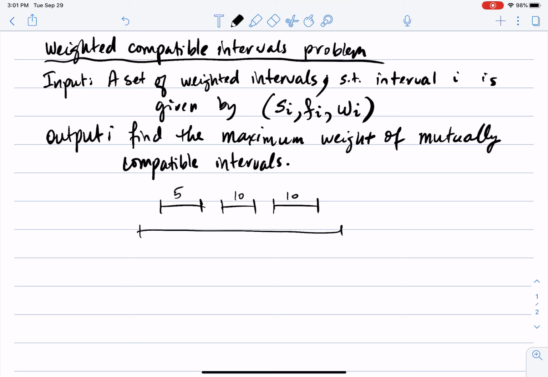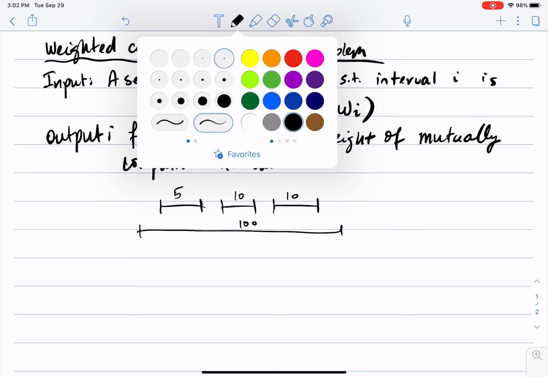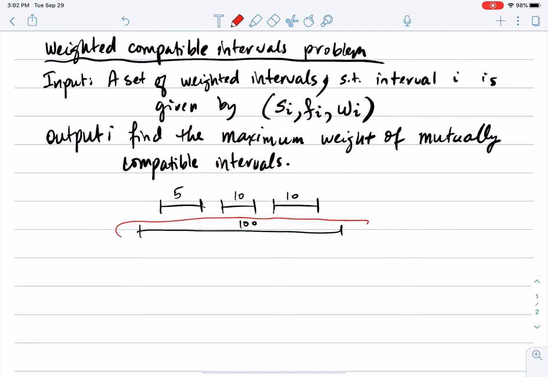But the weight of the longer interval is 100. For the compatible intervals problem, we want the three short intervals because we are maximizing the number of compatible intervals. For the weighted compatible intervals, we are interested in the total weight of the compatible intervals. So in this case, the solution to this problem should be this one.